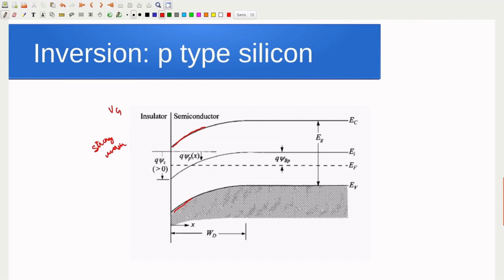A strong inversion is where we have the same distance of EI minus EF on the p side, a similar difference being formed in the EF minus EI nearer to the junction. That type of inversion is known as strong inversion. In case of strong inversion, we have an n-type formed nearer to the junction with a p-type background.